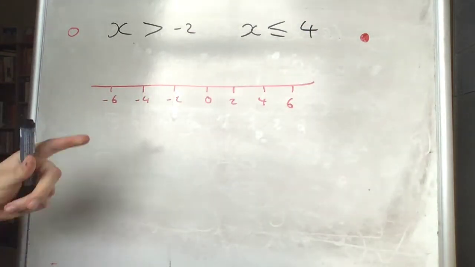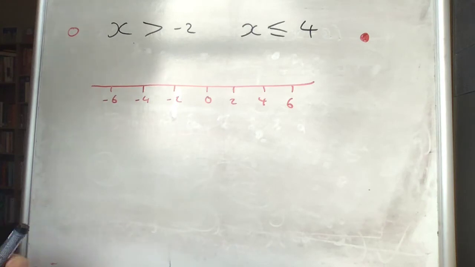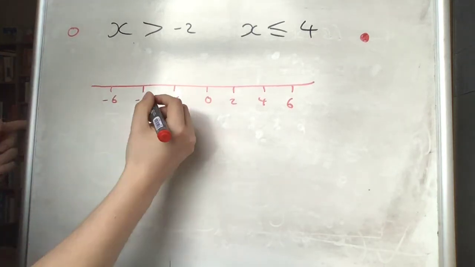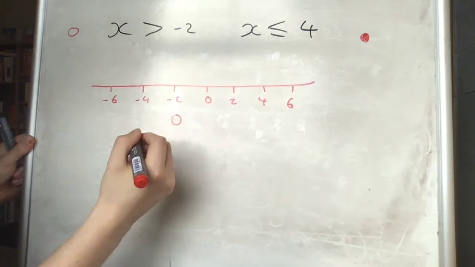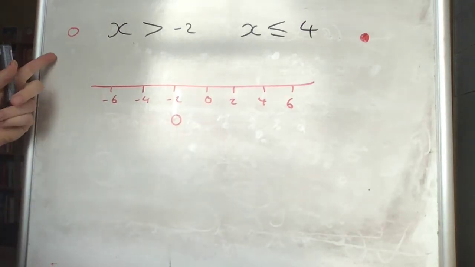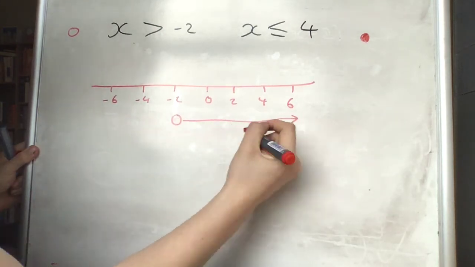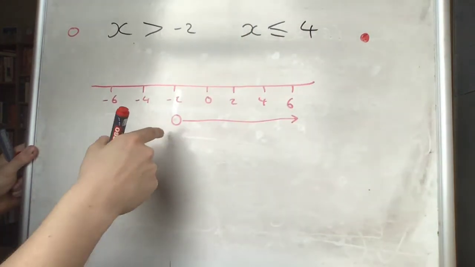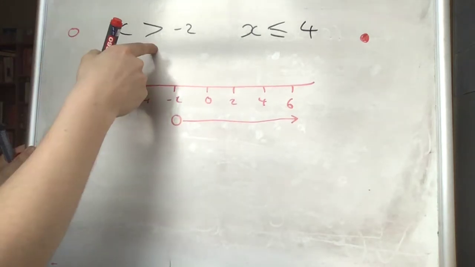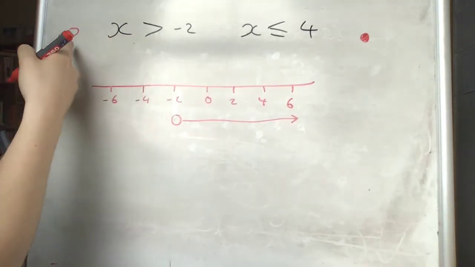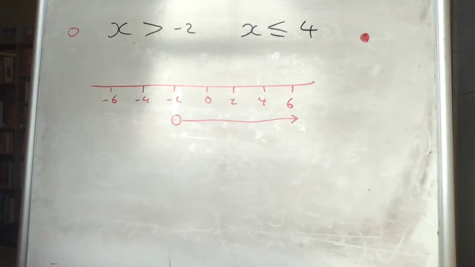So if we've got x is greater than -2, we're going to represent that with an empty circle like such. And then because everything that's greater than that, we can simply draw an arrow going forward, but obviously it doesn't include this because this represents that it's not equal to -2.